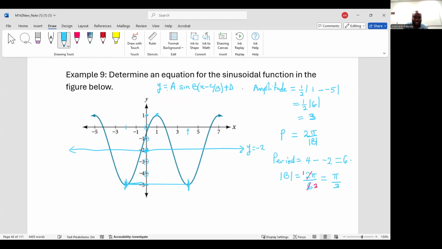How can we find this phase angle? It is very simple. Just think about it. This is how sine graphs behave. A sine graph will start from this point, from 0, and move there. Now go to your midline.